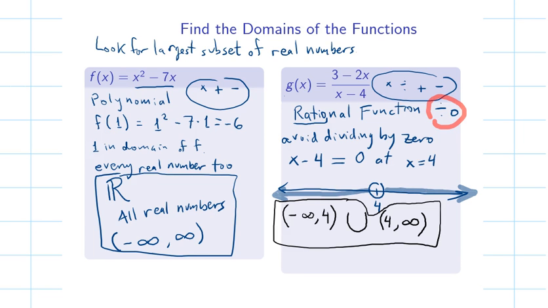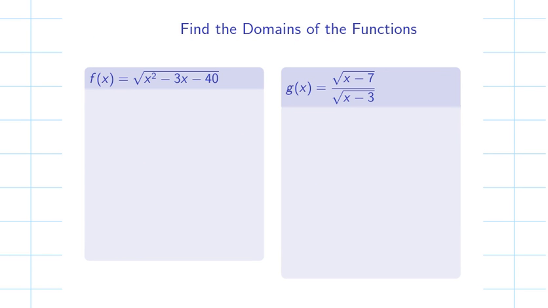Let's do something harder. Here are 2 more functions, and what we have is a square root in both of those, and one is a ratio. And if you see that, you want to avoid the square root of a negative number.